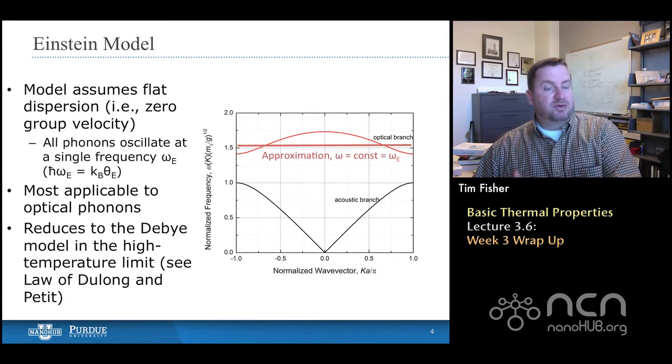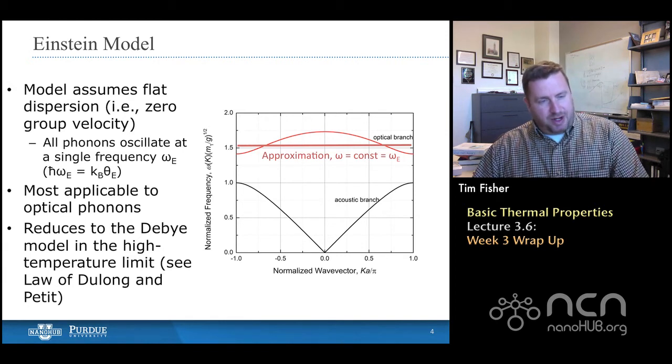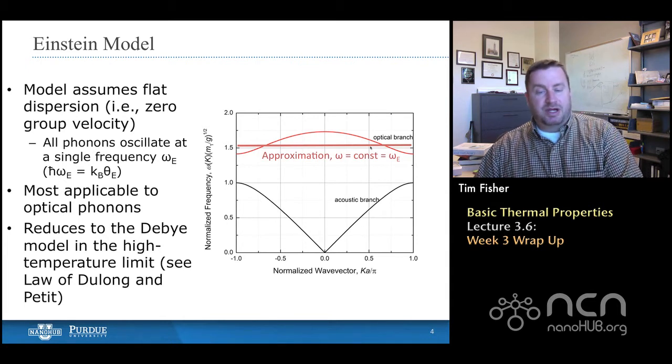We can convert that to an Einstein temperature through Boltzmann's constant and Planck's constant. Then we go through the k-space integration, but for optical phonons, if you'll recall, the summation form was the easiest, and we used that to derive the Einstein model's specific heat.